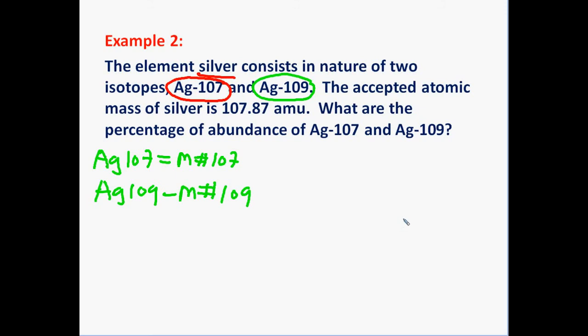So when we have to find out the percent abundance, if we don't know the exact values, we can consider the fractional abundance to be X for this, and maybe for this one it is Y.